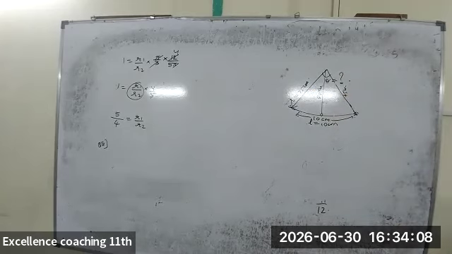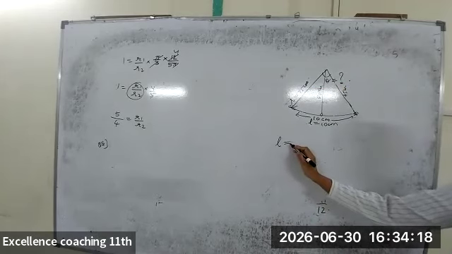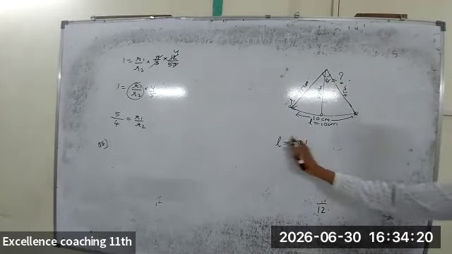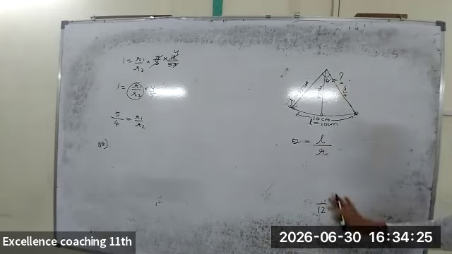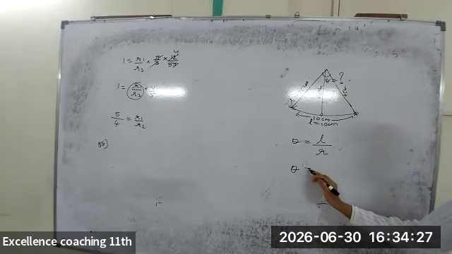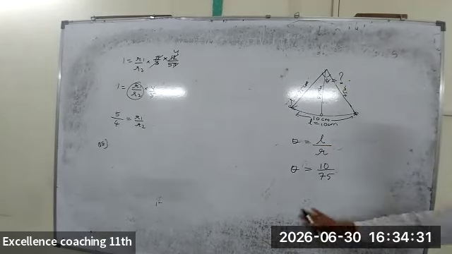Here, what has been told? Find the angle in radians only. So whatever answer you get will be the final answer. You don't have to convert into degrees. Theta is L by R, simple enough.